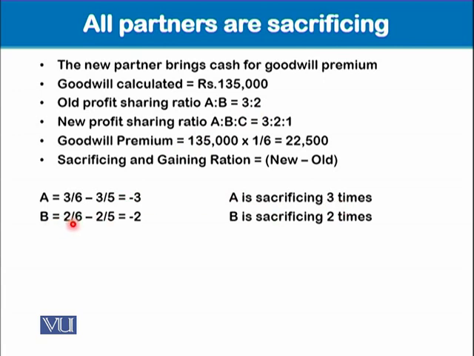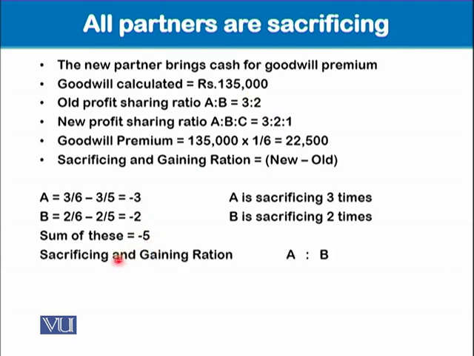And B, 2/6 minus 2/5, so B is sacrificing 2 times. The sum is minus 5 for these two figures. The sacrificing ratio is 3/5 to 2/5.